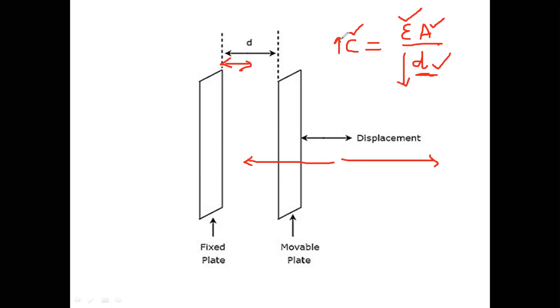If the distance between the two plates increases, then capacitance decreases.